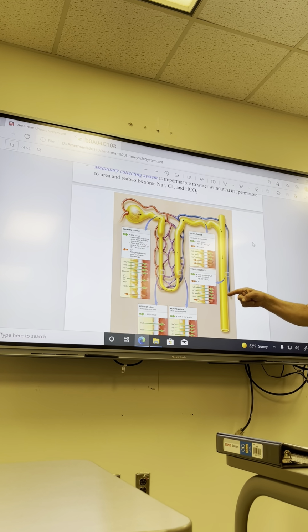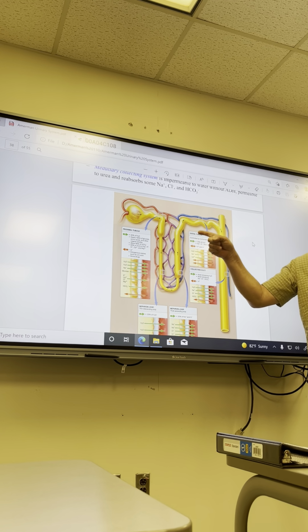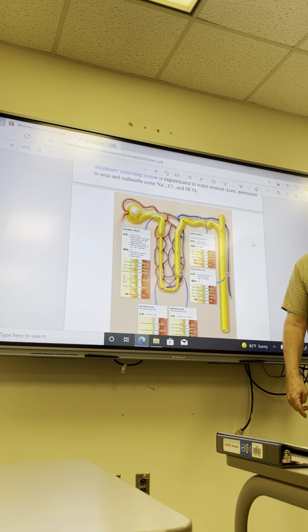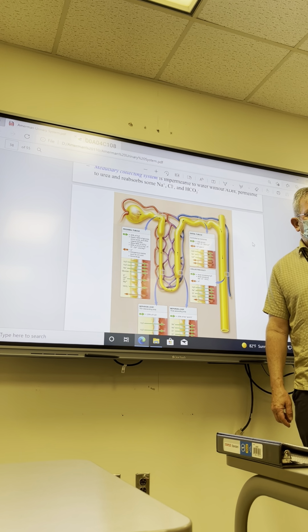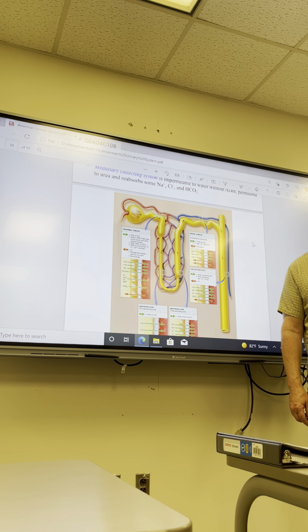So ascending limb, tell me what's going on. No water can get through it, but what are we pumping out of it? Sodium chloride. Impermeable to water, but we're pumping out sodium and chloride.